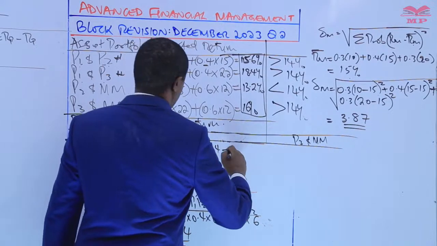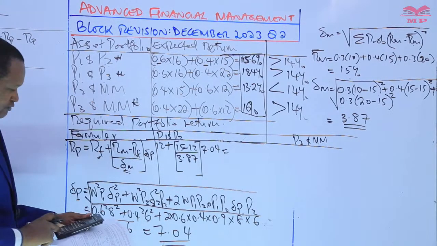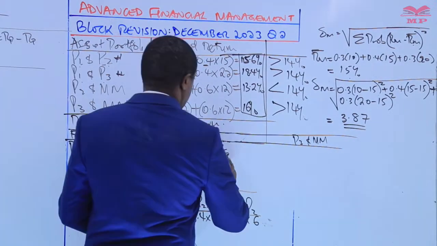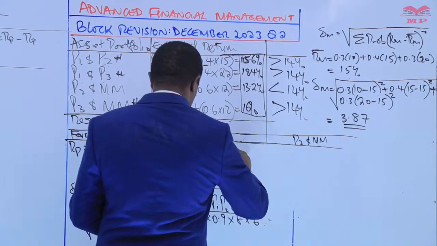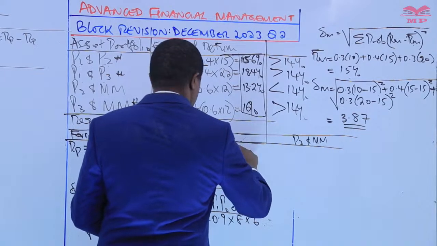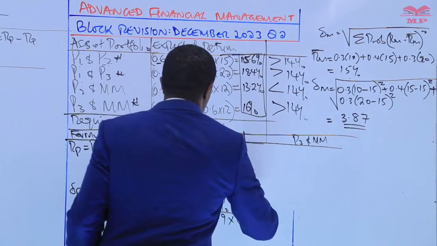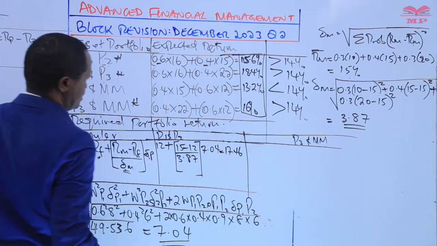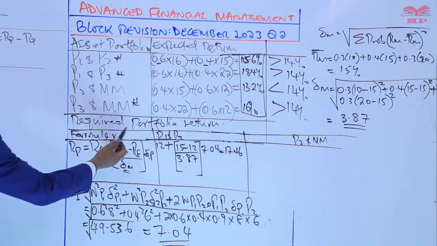I get here 17.46. That is the required rate of return for portfolio P1 and P2.